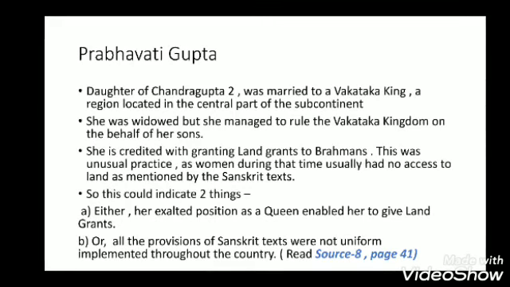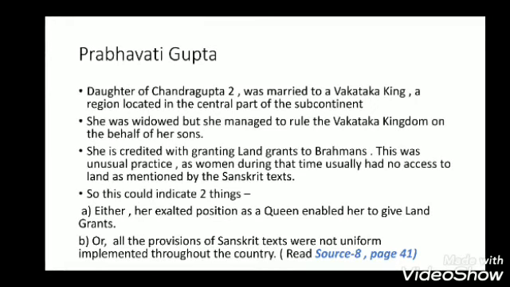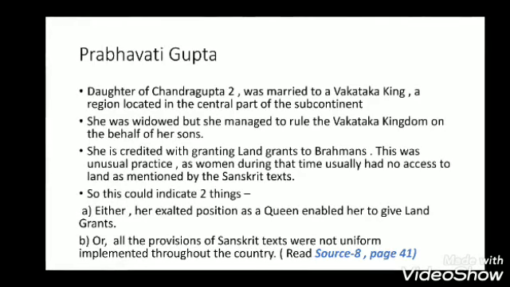First of all, she was no ordinary woman. She was the queen of the empire who was ruling on behalf of the heirs of the empire. So obviously, she was taking all the decisions that a king would have taken. Or the other thing might have been that whatever is mentioned in the Sanskrit texts just had a preaching value and was not implemented throughout the country.